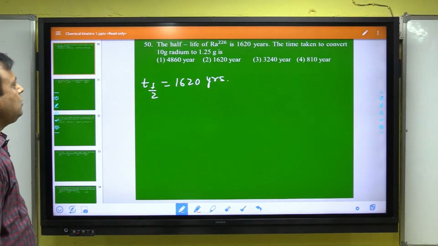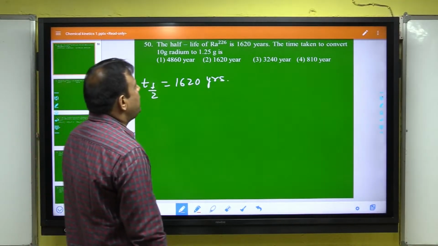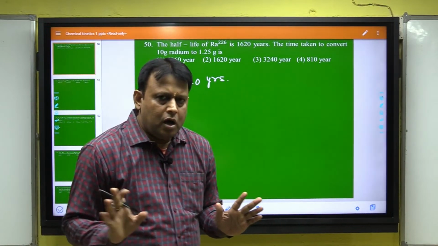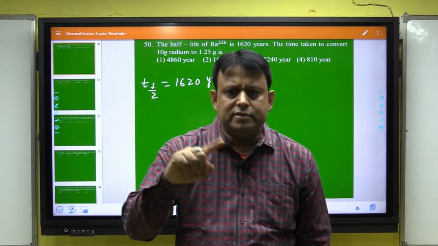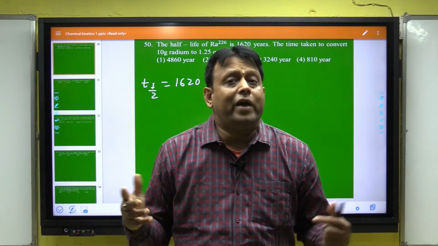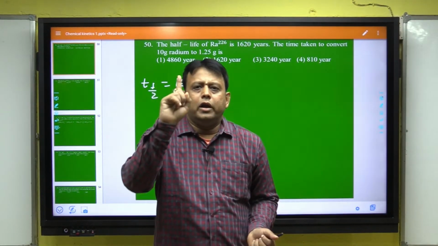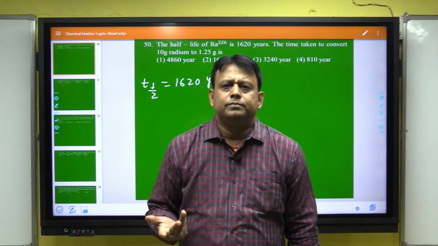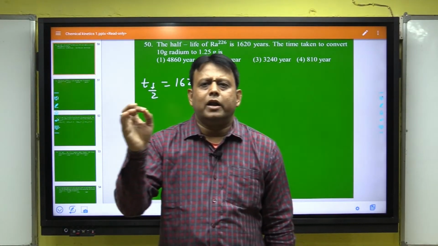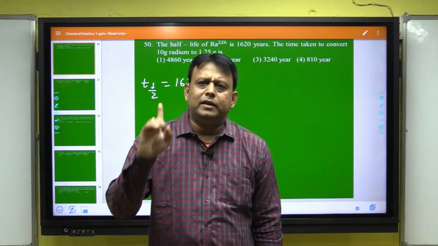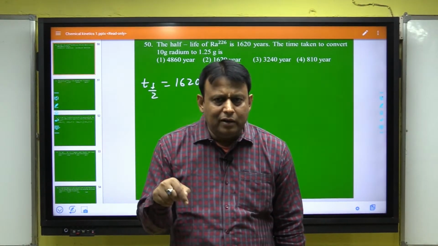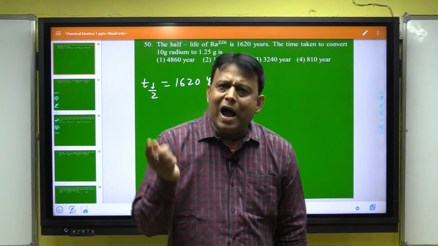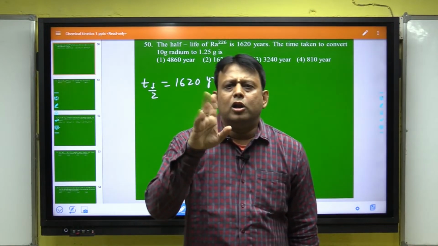The time taken to convert 10 gram of radium to 1.25 gram. Listen carefully. Radium is a first order reactant. How to identify radium is first order? All radioactive elements disintegrate by first order kinetics, and hence radium always follows first order kinetics, and the half-life of first order is always constant.